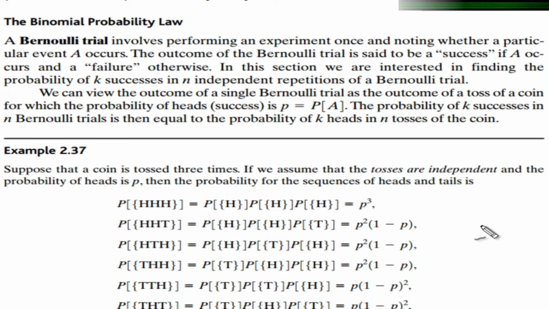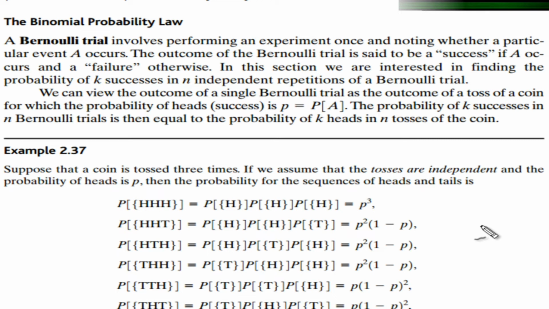You can also define some other steps in doing that thing, but in binomial law, or in a Bernoulli trial, basically you have 2 things, success or failure. So if you are doing some trial and you have 2 possibilities, this is called a Bernoulli trial.